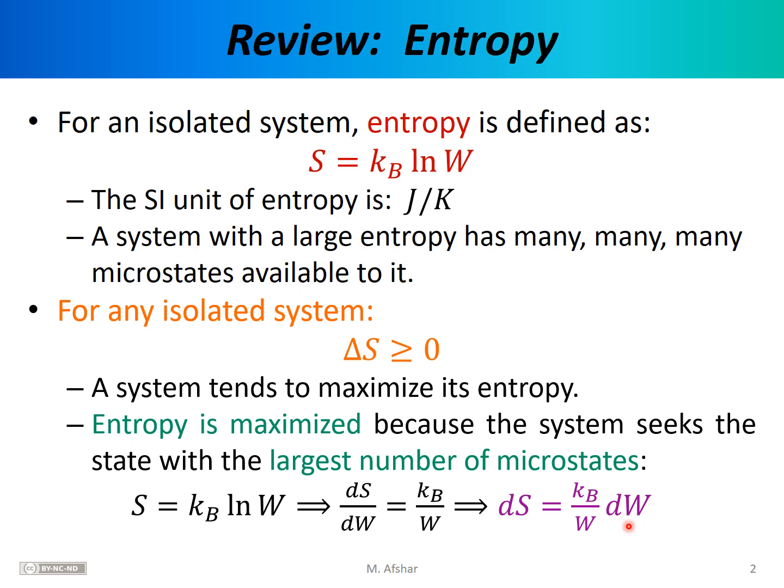Unfortunately, the equations on this slide are not very practically useful to us. Although they help us understand entropy and changes in entropy, from a practical point of view, calculating W or dW for a realistic system is prohibitively difficult.